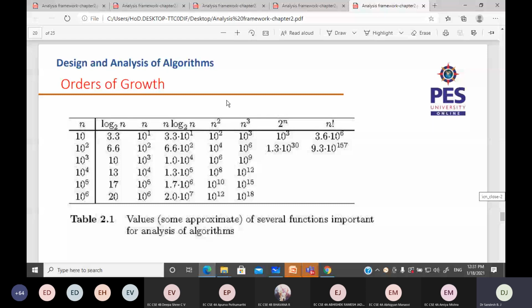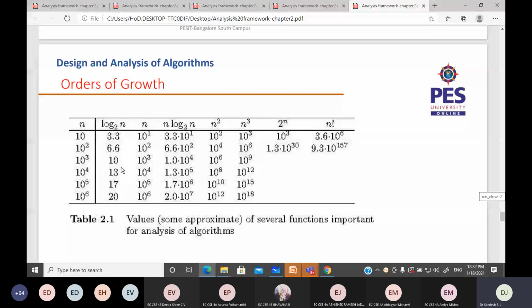So compare n and n cube. For an input of 10, the algorithm with order of growth n takes 10 to the power of 1, that is 10, whereas n cube takes 10 cube. If you increase it to 100, the order of growth n takes only 100 units, whereas n cube takes 10 to the power of 6.